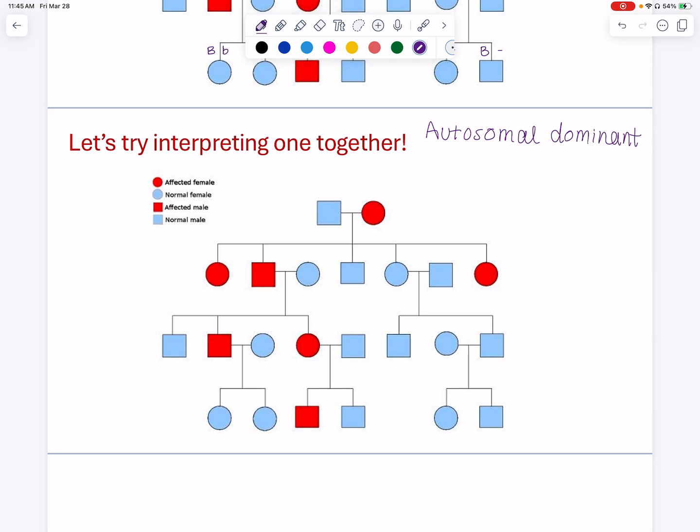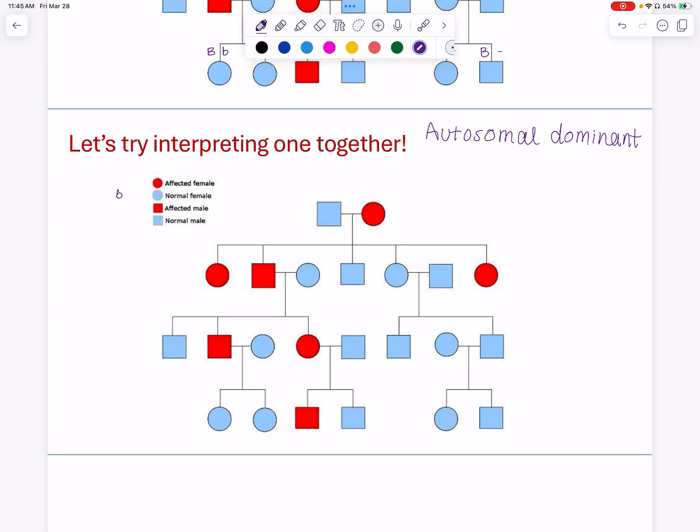And again, we can fill out our clues over here, knowing that our normal females are going to have to be little b, little b. Our normal males are going to be little b, little b.